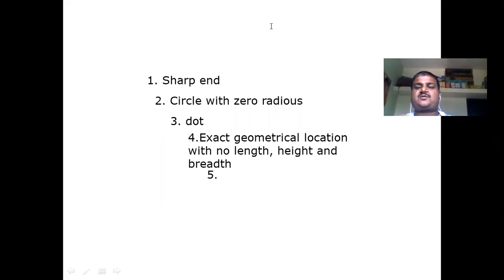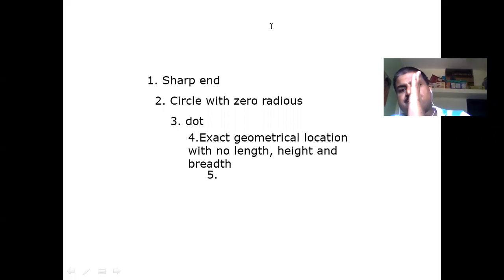So we have seen the projection, and now we are discussing the concept of point. The point is one of the geometrical elements which shows exact location and which has no length, no height and no breadth. यानी कि एक भी डायमेंशन उसे नहीं है, सिर्फ हमने पेंसिल लेके पेज पे रख दी और उठा ली, तो that will be your one point. And today we are going to discuss the projection of point. Point को पेपर पे रिप्रेजेंट करना है.